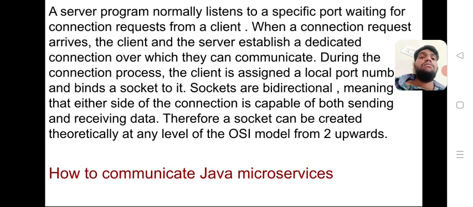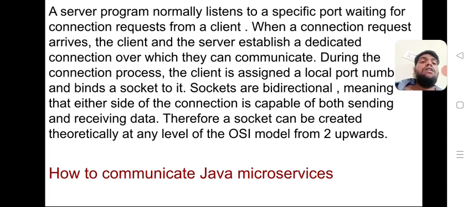During the connection process, the client is assigned a local port number and binds a socket to it. Sockets are bidirectional, meaning that either side of the connection is capable of both sending and receiving data. Therefore, a socket can be created theoretically at any level of the OSI model from 2 upwards.